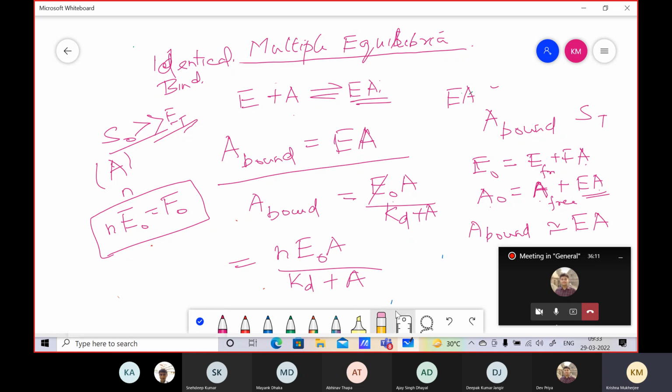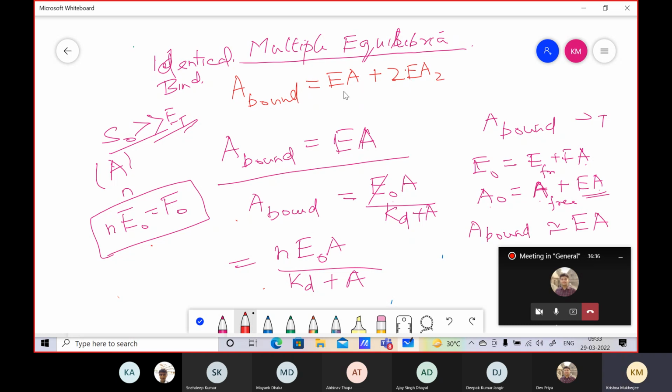Why? Because, please remember, and that is why this is conceptual rather than arithmetic. So, what is A bound equal to? A bound is equal to EA, the amount bound with enzyme A, plus 2 into EA2.